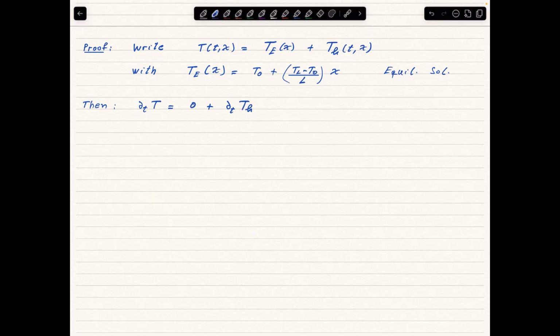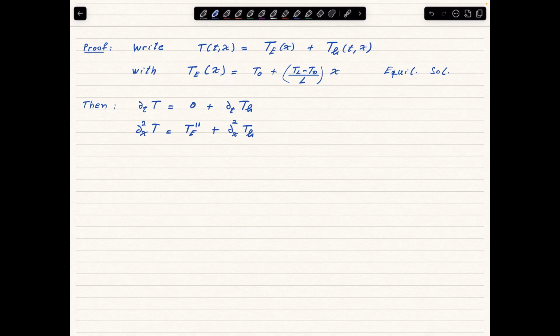Okay, what is the second derivative with respect to space of the function temperature? If we have this form of writing the temperature, it's going to have T equilibrium double prime plus the derivative with respect to x twice of TH.